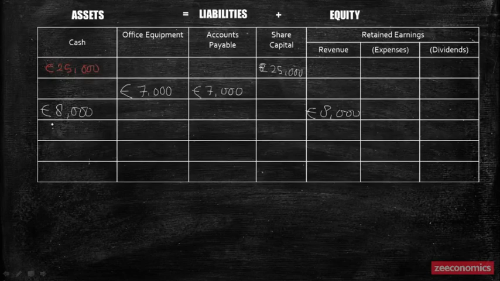So you need to put a bracket here indicating that it is a minus or a decrease. It will decrease the asset by 850 euro, and also it will decrease the equity. So you need to put the bracket also for 850 euro. So it's the same. It decreases the asset and also decreases the equity because it's an expense. Expenses decrease equity.